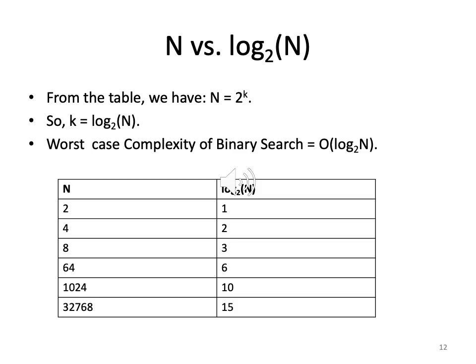So you can see that as n goes up, the savings you get in terms of log n become even more. This n here stands for linear search and log n stands for binary search. When you have a small number of elements, the difference is not that big. For 4 elements, 4 comparisons in linear search, 2 in binary search. Not much difference. But for 32,768, only 15 comparisons versus 32,768 comparisons in linear search.